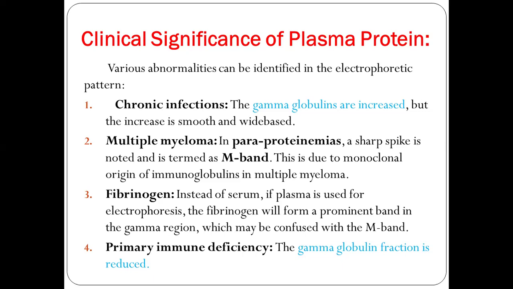In the case of chronic infections, there is an increased band of gamma globulin. In multiple myeloma, there is a spike like an M band. So in multiple myeloma, you will get an M band.